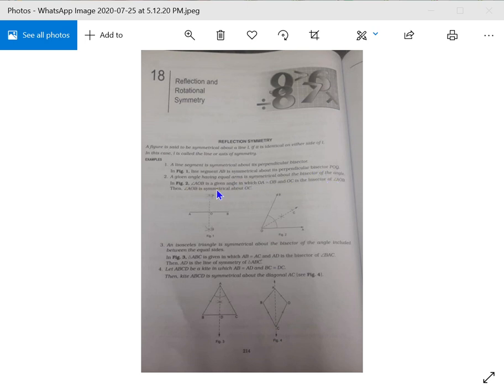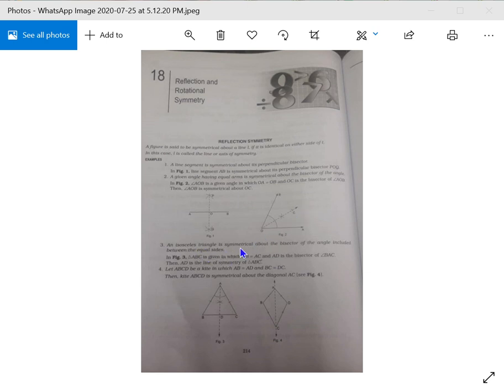In figure 2, angle AOB is a given angle in which OA equals OB and OC is the bisector of angle AOB, in which angle AOB is symmetrical about OC. Here OA is equal to OB, the length of the arms is equal. Then OC is the angular bisector, and that is the line of symmetry.